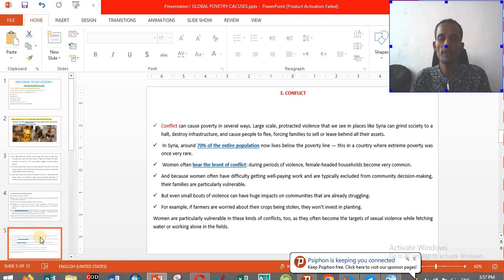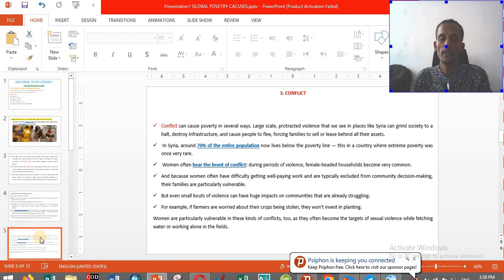But even a small amount of violence can have huge impacts on communities that are already struggling. For example, if farmers are worried about their crops being stolen, they won't invest in planting.